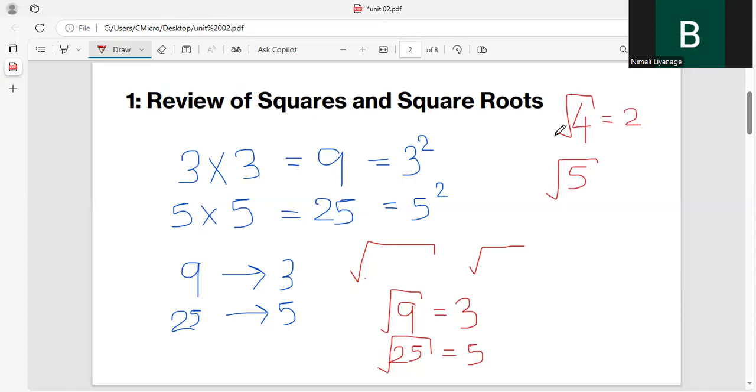But when we consider 5, it's not a perfect square. So this is where we use approximation. Okay, I think you understand now. So let's move on to our second subtopic, approximating square roots.